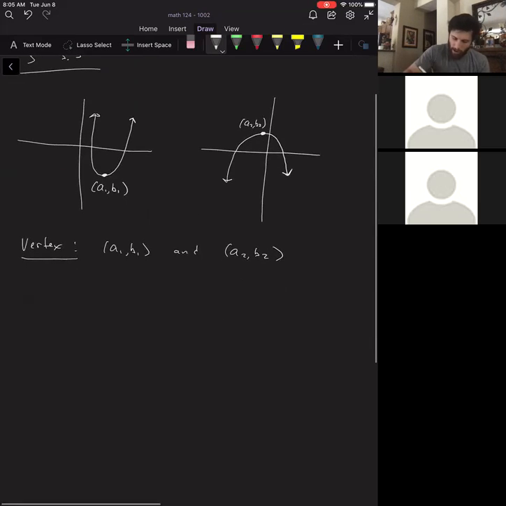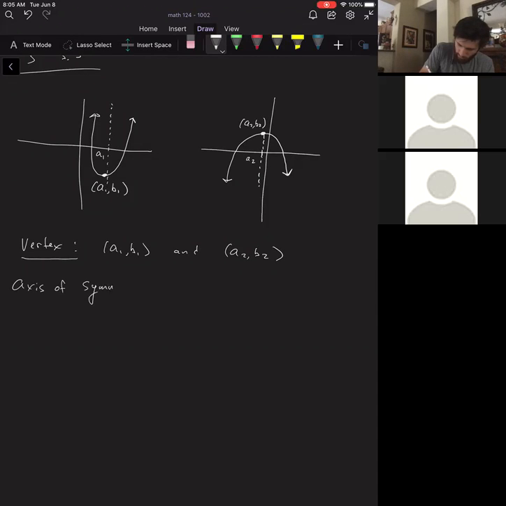Another thing is something called the axis of symmetry, which is going to be this dotted line that cuts the parabola in half. The axis of symmetry is just going to be x equals whatever the x part of the vertex is. So in the left one, it's going to be x equals A1.